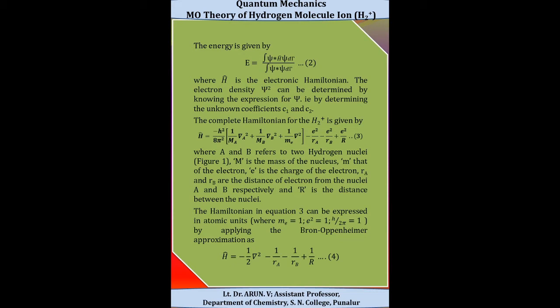The electron density psi square can be determined by knowing the expression for psi, that is, by determining the unknown coefficients C1 and C2.